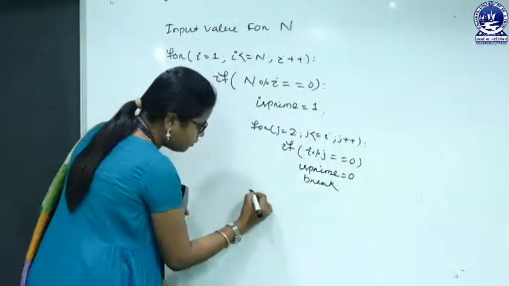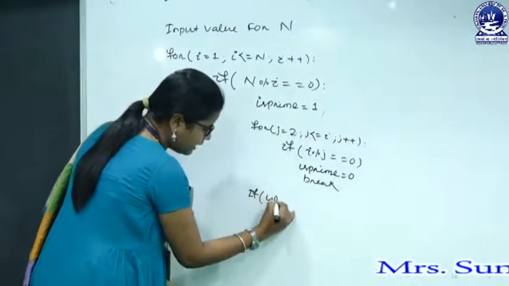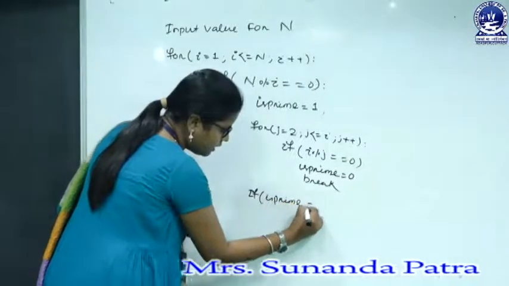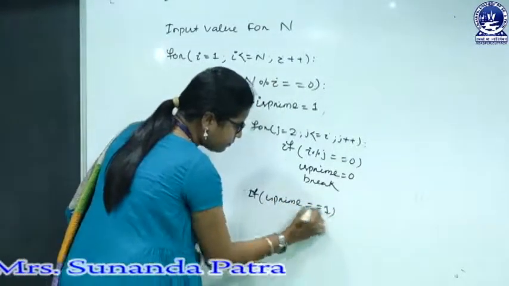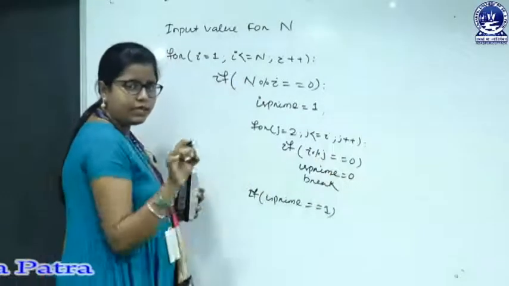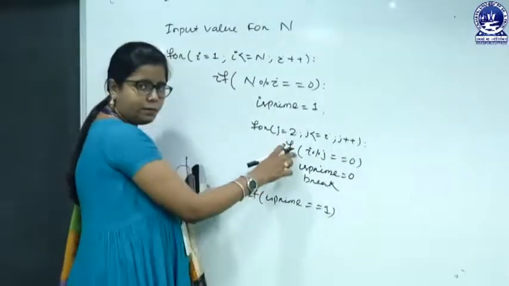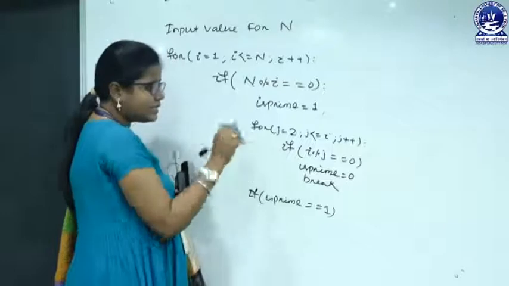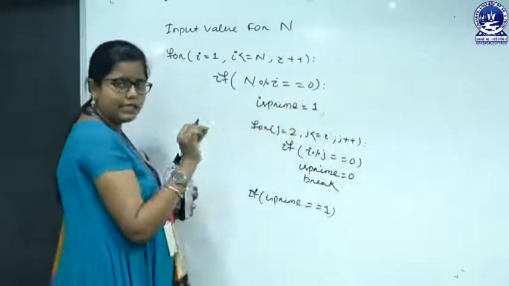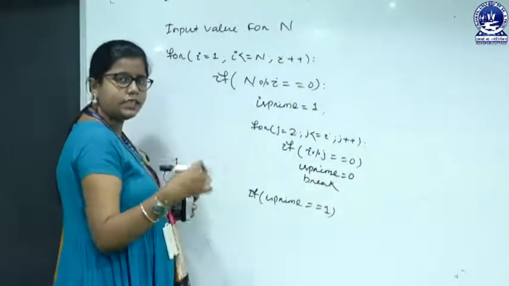So here we have to check if is prime equals to 1. The is prime will get 0 if it is not a prime number. If it is a prime number, then it will be initialized with 1 and it will continue with 1.